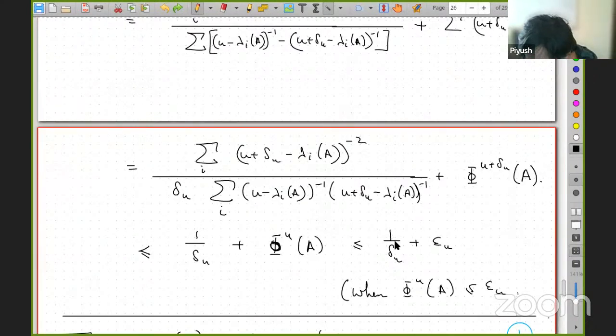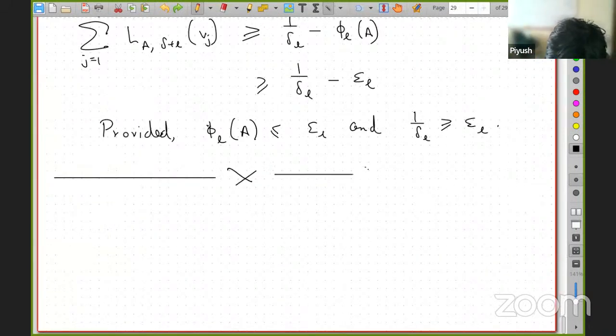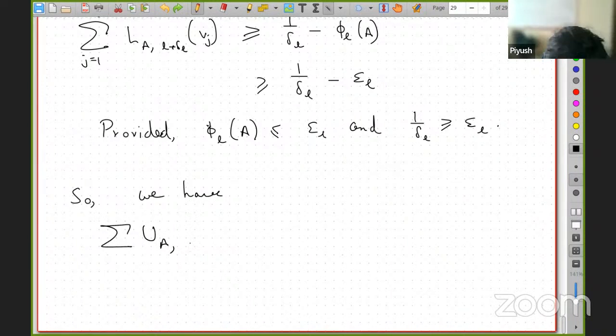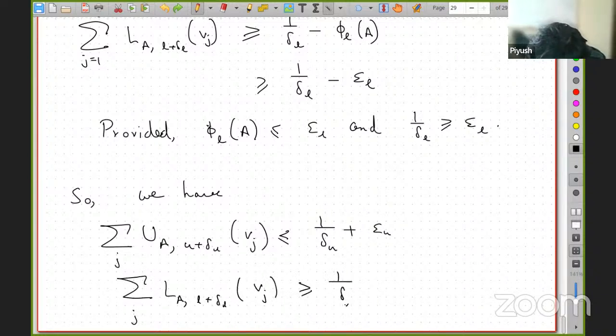And the right one is at most 1 over delta U plus epsilon U. So what we need, we have the summation of U A, U plus delta U B_j is less than 1 over delta U plus epsilon U, and summation of L A, L plus delta L B_j is greater than 1 over delta L.